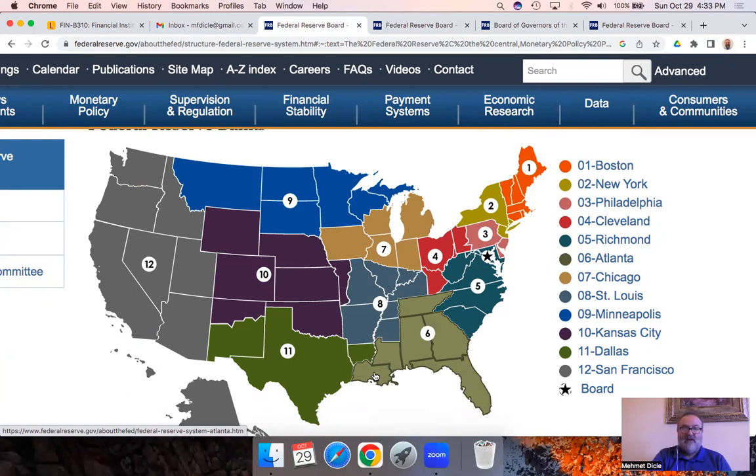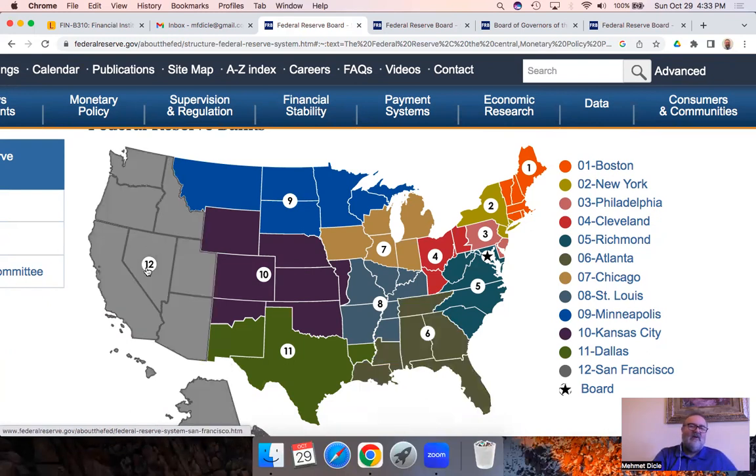So if you're going to be applying for a job, for instance, Federal Reserve Bank of Atlanta, New Orleans branch will be your target. So again, even though these are individual areas, they are intended to be 12 almost independent central banks.